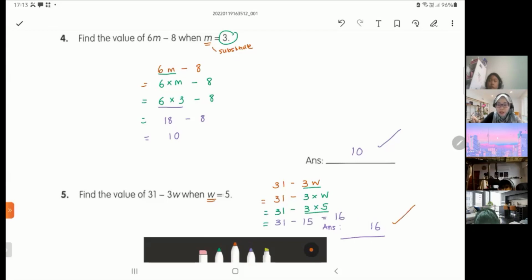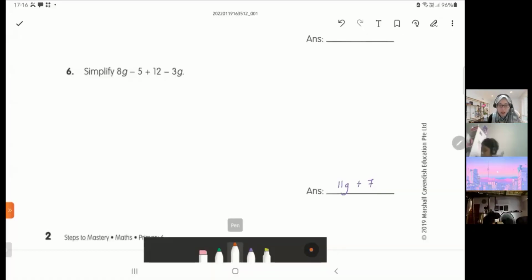Okay, so the rest of you, simplify 8g minus 5 plus 12 minus 3g. It looks very confusing, but remember what I say. Group up all the numbers to one side and then group up all the algebras to the other side. Where is the algebra then? Algebra is those that have the alphabet.